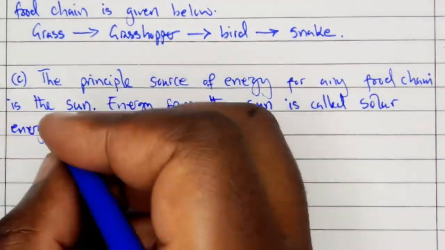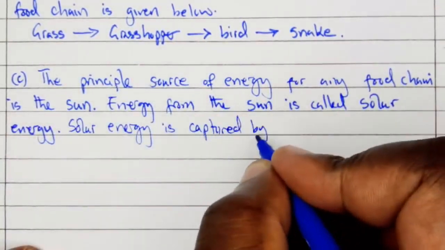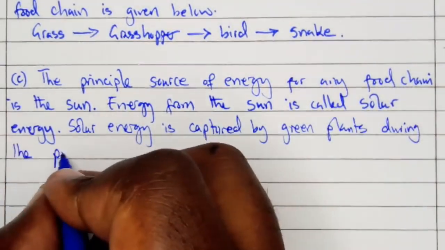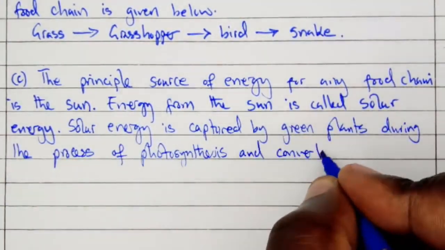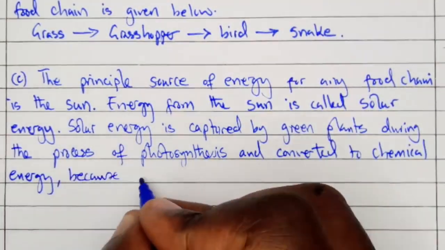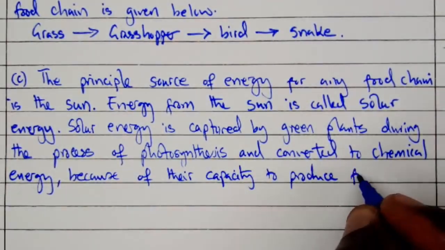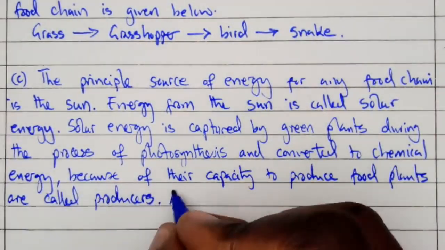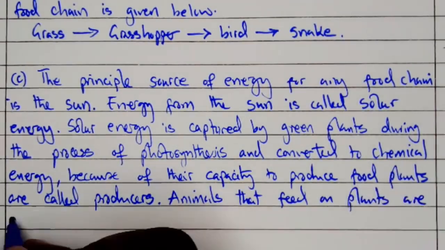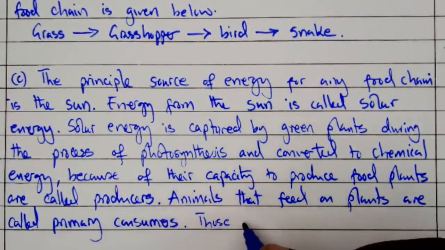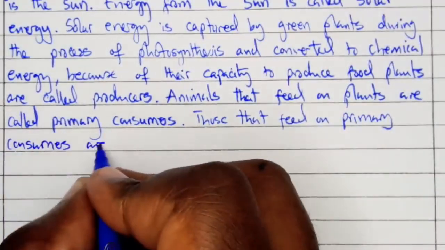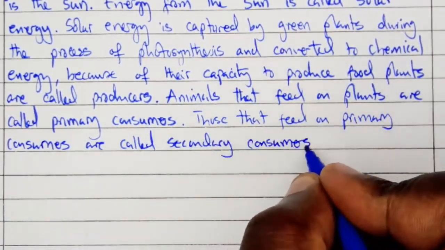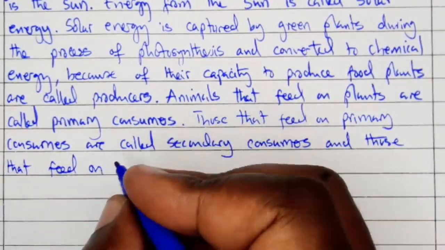Part C. The principal source of energy for any food chain is the sun. Energy from the sun is called solar energy. Solar energy is captured by green plants during the process of photosynthesis and converted to chemical energy. Because of their capacity to produce food, plants are called producers. Animals that feed on plants are called primary consumers. Those that feed on primary consumers are called secondary consumers.